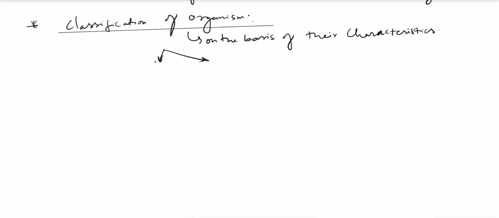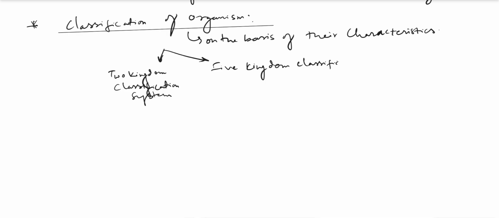How many types? Two types. One is the two kingdom classification system, and another is the five kingdom classification system.